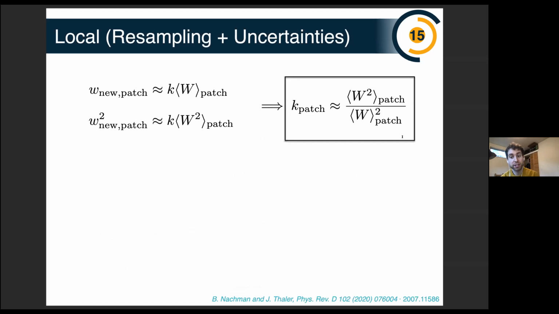In particular, this says that the optimal value of K on this patch is the average value of the weight squared divided by the average value of the weight, squared, where those parentheses are important to denote when the squaring is happening. I'm talking about patches here, but we want to take the continuum limit.